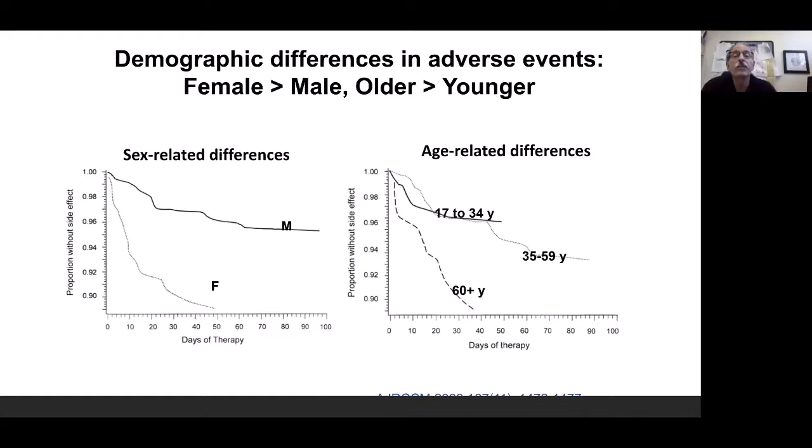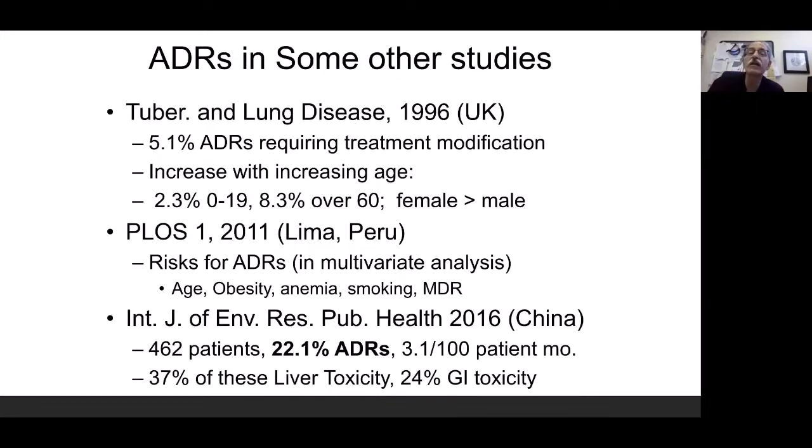All right, there are a couple of other studies that give you data, and the data for all these studies isn't always concordant. There was a study from the UK in which 5% had adverse drug reactions requiring treatment modification, but they also saw the same trends in female greater than male, and significantly higher in age over 60.